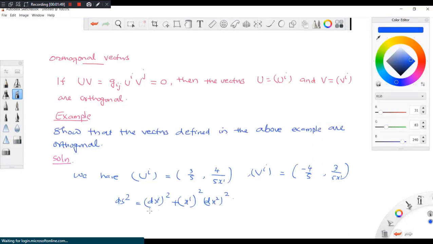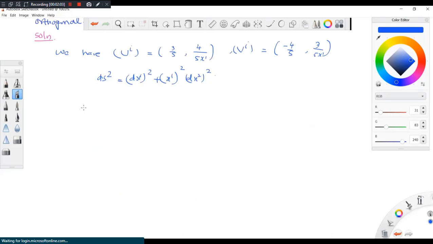Okay. Now I want to use this definition for the orthogonality. Okay, I take the inner product. So UV is equal to g_ij U^i V^j.